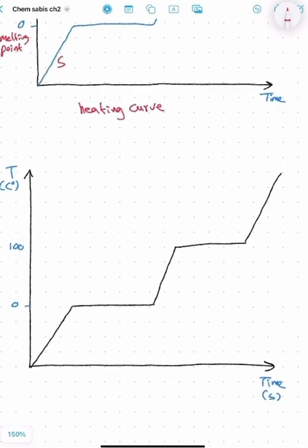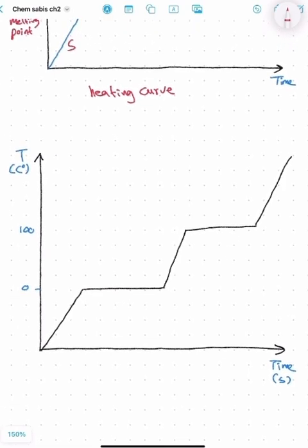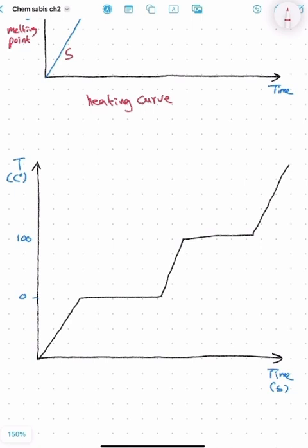What if it's something like this? So this heating curve, look, it has two straight lines. What does that mean? Here we have two changes of state, meaning solid is changed into liquid, then liquid is changed into gas. So what will happen to it?